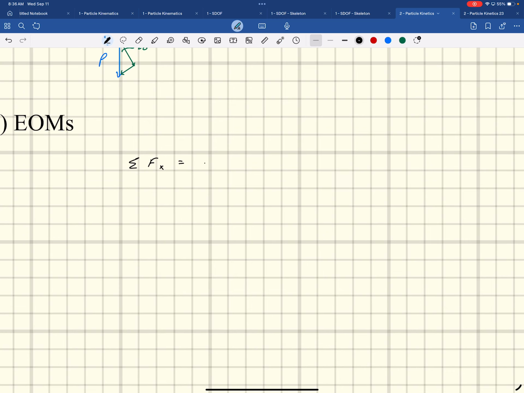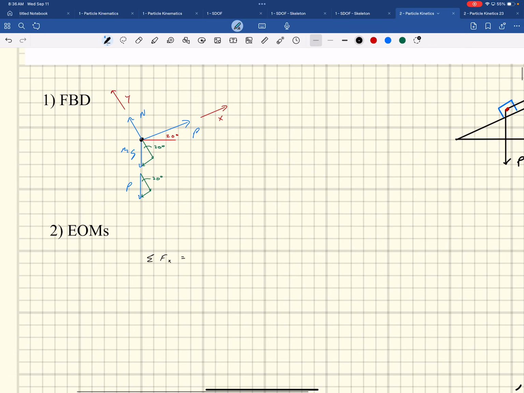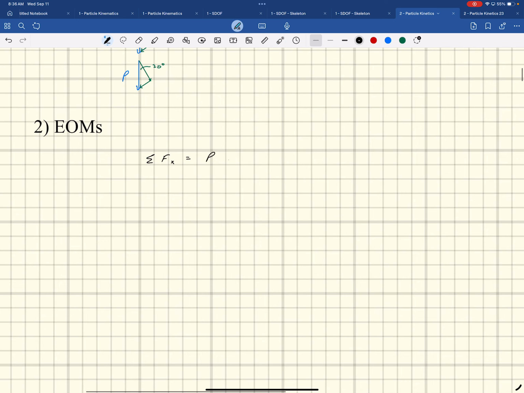So what do I have acting on there? Well, I've got, and then positive or negative. This one's going to be positive because it's acting in the positive x direction. This is negative, acting in the negative x direction. That one's negative, acting in the negative x direction. So then reflect that in your equation of motion down here.